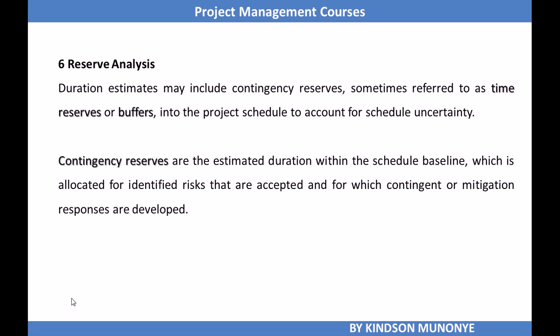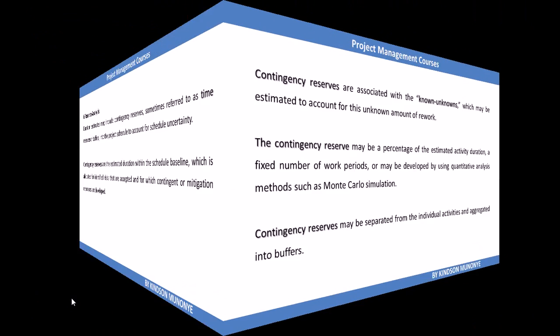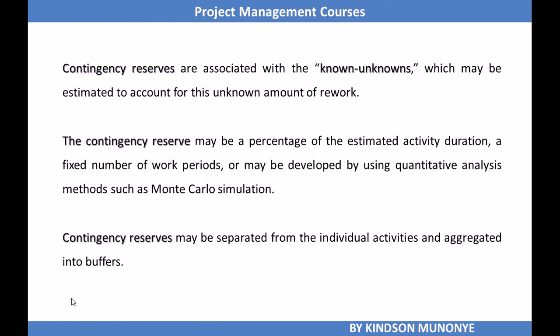Contingency reserves are the estimated duration within the schedule baseline which is allocated for identified risks that are accepted, for which contingency or mitigation responses are developed. So contingency reserves are built into the schedule baseline, and they are also called time reserves or buffers. Let's continue our discussion on contingency reserves.